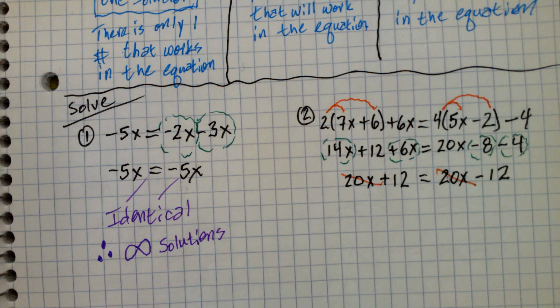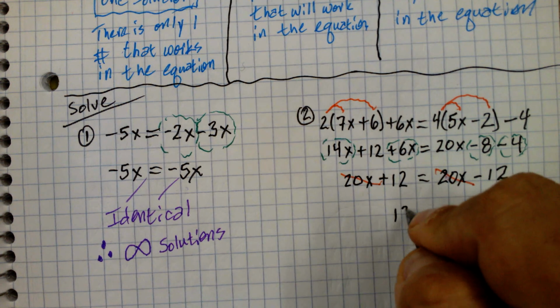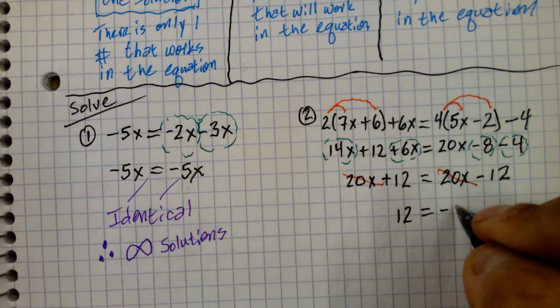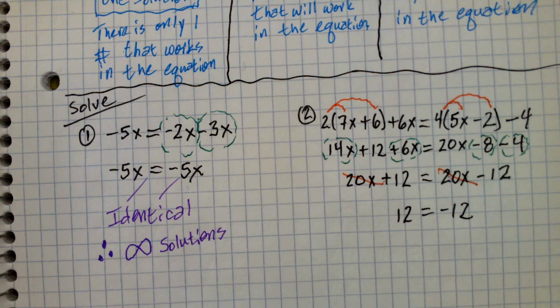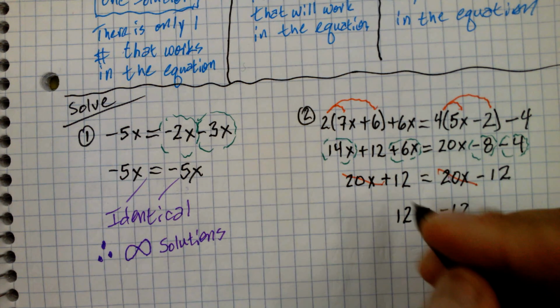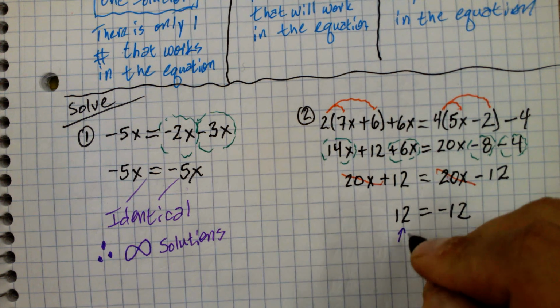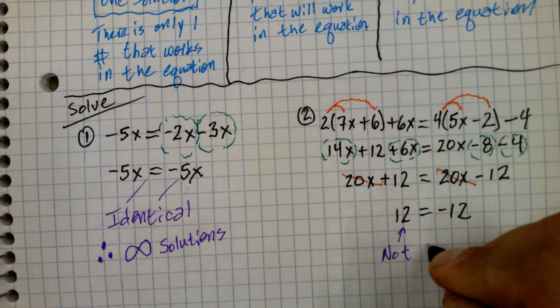And what do we have left? 12 equals negative 12. So definitely not one solution, because we didn't end up with x equals something. So is this an identity or a no solution? Yeah, they're not identical. They're opposites, actually. So not identical.